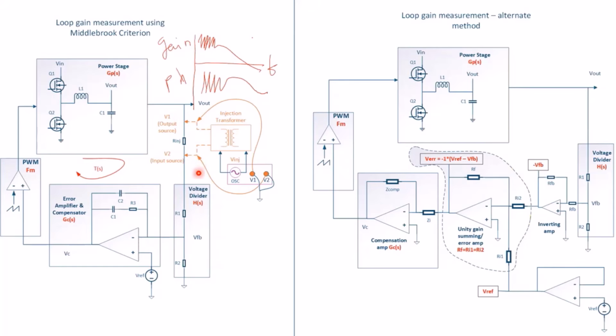And from the representation of the power supply blocks here, I can obtain an expression for the loop gain, which is T of S. I'll write it here.